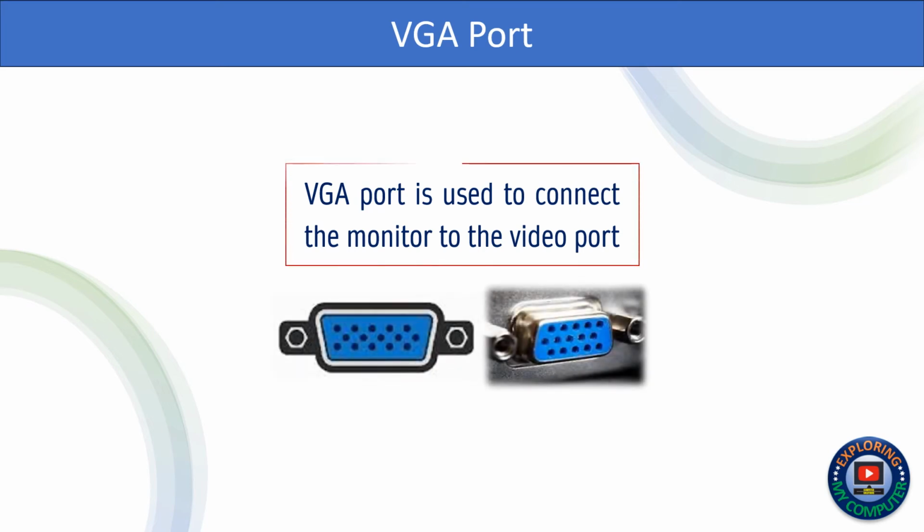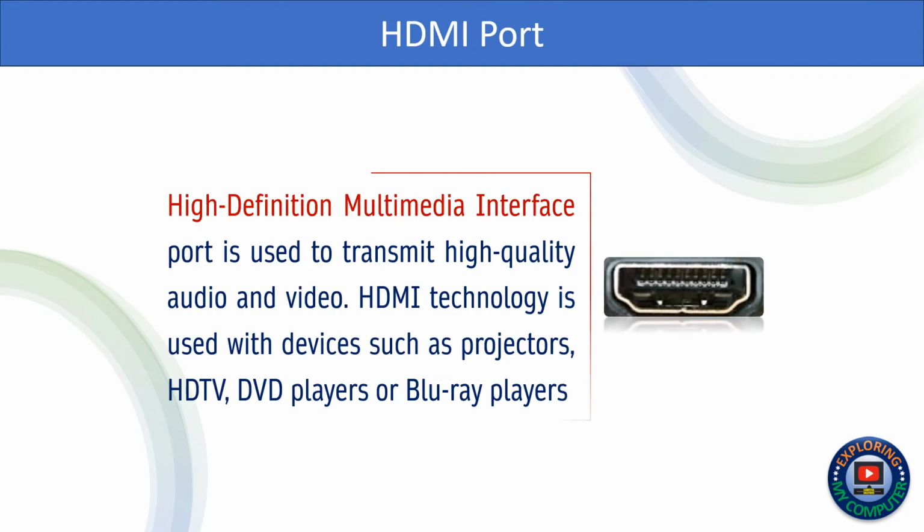A VGA port is used to connect the monitor to the video port. The High-Definition Multimedia Interface port is used to transmit high-quality audio and video. HDMI technology is used with devices such as projectors, HDTV, DVD players or Blu-ray players.